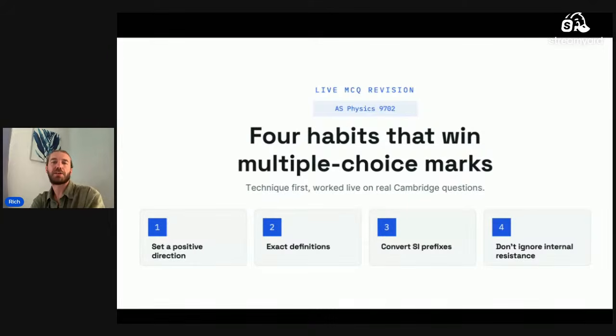Making sure that we're always converting any quantity we're given into the SI unit. But specifically with the prefixes, we need to get into the habit of, if I see 240 milliamps, then straight away how I'm putting that into my calculator, or how I even think about it, is 240 times 10 to the minus 3, and I'll just put that into my calculator straight away.